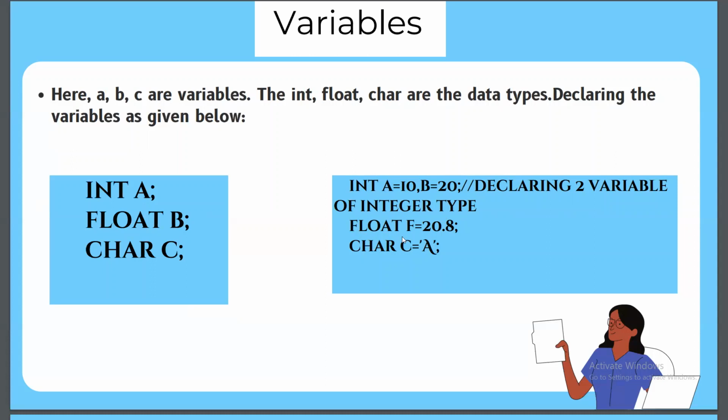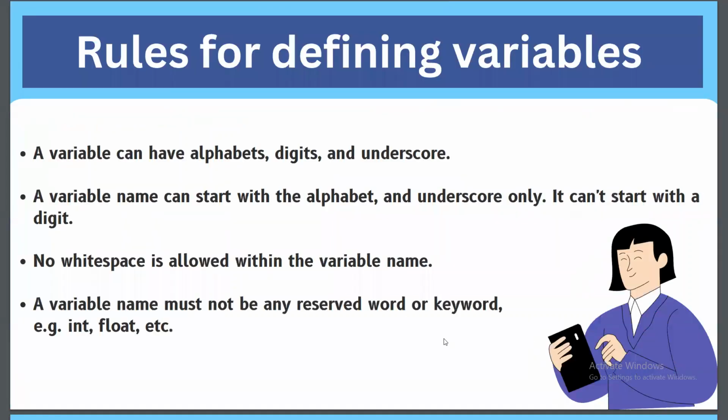Second is float. In the float, the variable name is f. Float is a data type, f is the name of the variable, equals 20.8. Char c, in char c we have defined 'a'. At the time of declaring a character, you need to mention that particular character in single quotes. So this is the syntax for defining or declaring your variable.